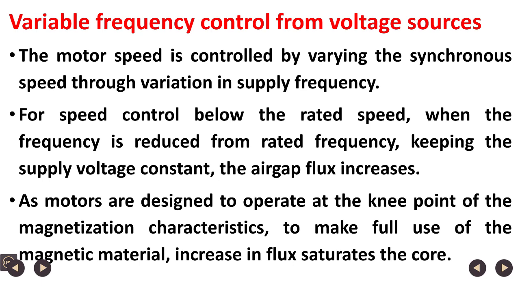All of you know the BH curve of the magnetic core of the machines, and the normal operating point is knee point of the magnetization characteristics just before the saturation. So, when the frequency is reduced keeping voltage constant, flux increases, and as flux increases, the flux density also increases. So, the machine operates into saturation region.